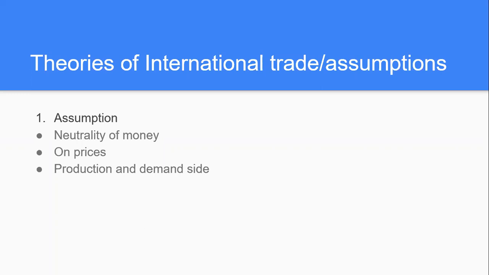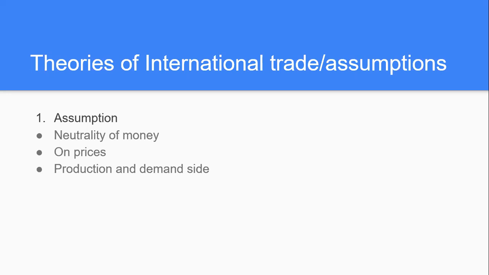This is where all real variables of the economic system are determined independently of the monetary system. I hope you understand that. Basically, this means that the variables that coexist in the economic system are independent of the monetary system.